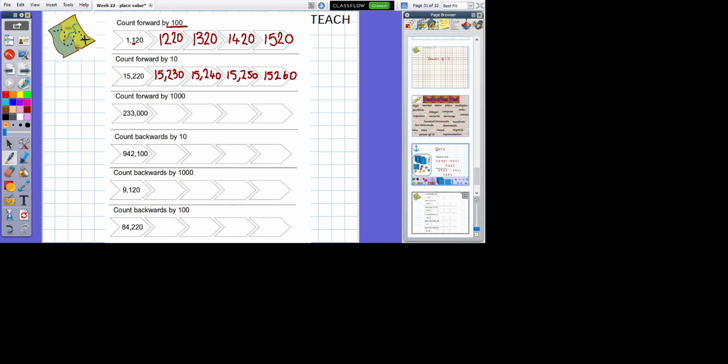The next one we are counting forwards in thousands. So again, I'm looking at my thousands number. If I'm adding on because I'm going forward, that means it's getting bigger again. So I've got 234,000 this time.